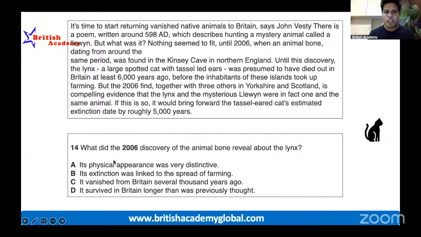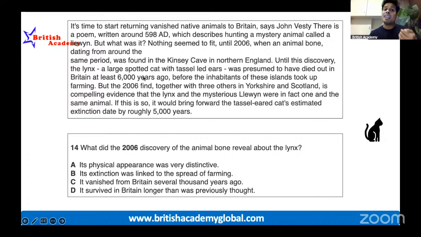Now, when we come back to the options, the first option says its physical appearance was very distinctive. They have only said tassel-eared cats, but have they mentioned anywhere that it was distinctive? That it was too different? Is there a comparison made with any other animal? No. So that gets eliminated. Its extinction was linked to the spread of farming. The word farming is given over here. But what was presumed?